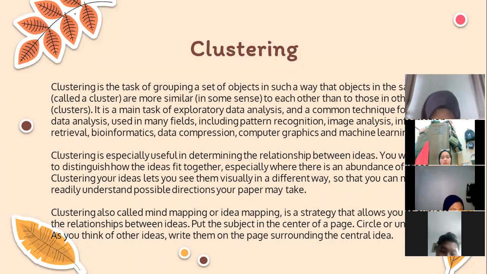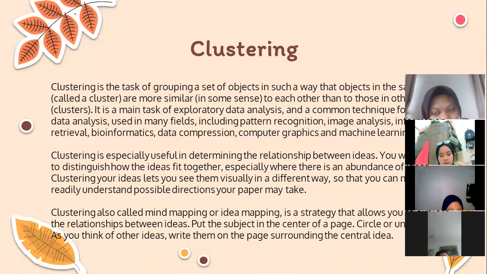Clustering is especially useful in determining the relationship between ideas. You will be able to distinguish how the ideas fit together, especially where there is an abundance of ideas. Clustering your ideas lets you see them visually in a different way, so that you can more readily understand possible directions your paper may take.